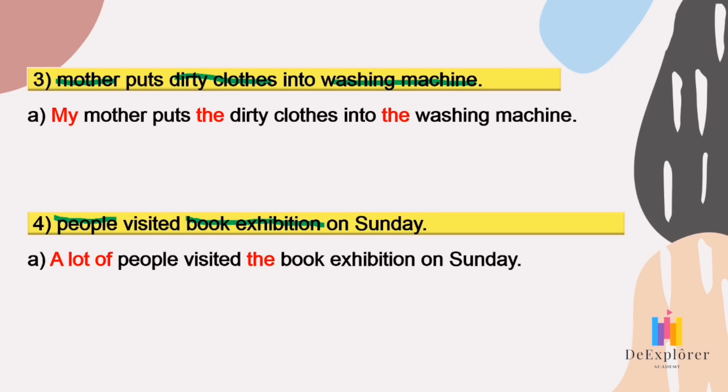It is also correct. Many people visited what? The book exhibition, right? On Sunday. So this is question number 4. And you're going to copy these sentences into your grammar book 1.